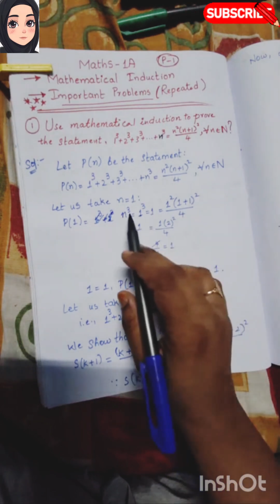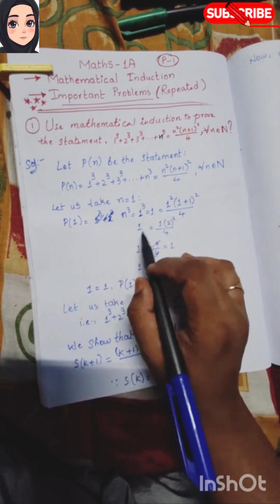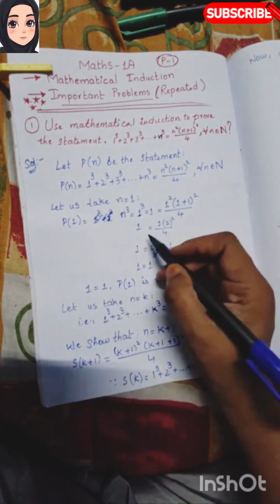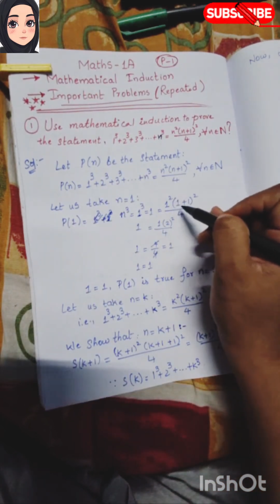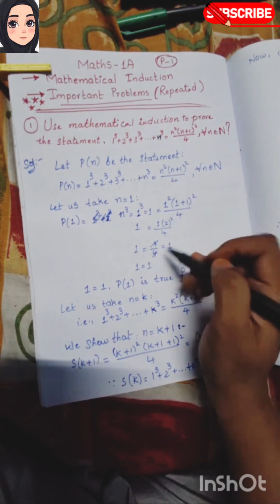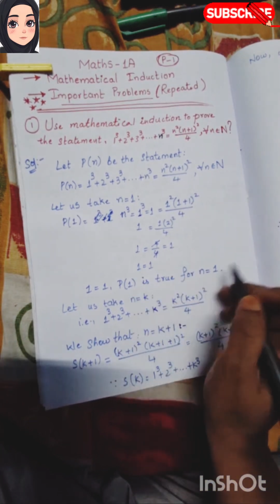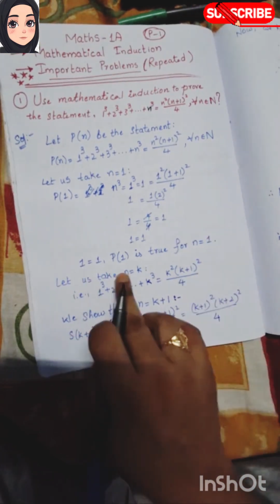Now n cube means 1 cube, and 1 cube means 1. So in the left side 1; the right side we have to take as 1 square into 1 plus 1 whole square by 4. By simplifying also we get 1 here. So P of 1 is true for n equal to 1. Now this is okay. Now let us take n equal to k.